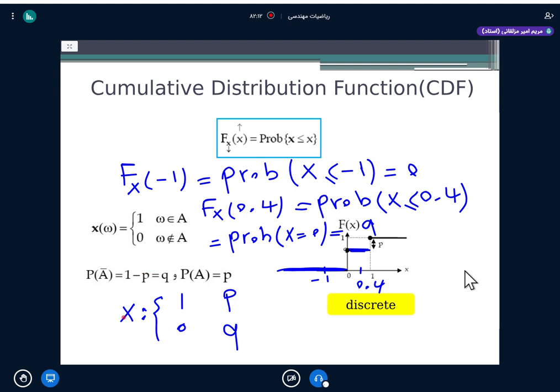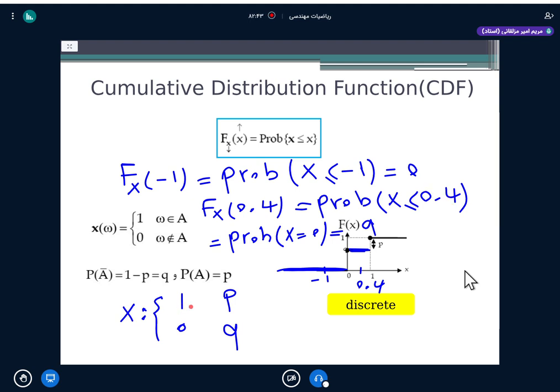Pay attention that the random variable takes the value 0 with probability Q and takes 1 with probability P. Now we want the probability that the random variable is less than 0.4. If the random variable takes the value 0, it's less than this value, and that's okay for us.